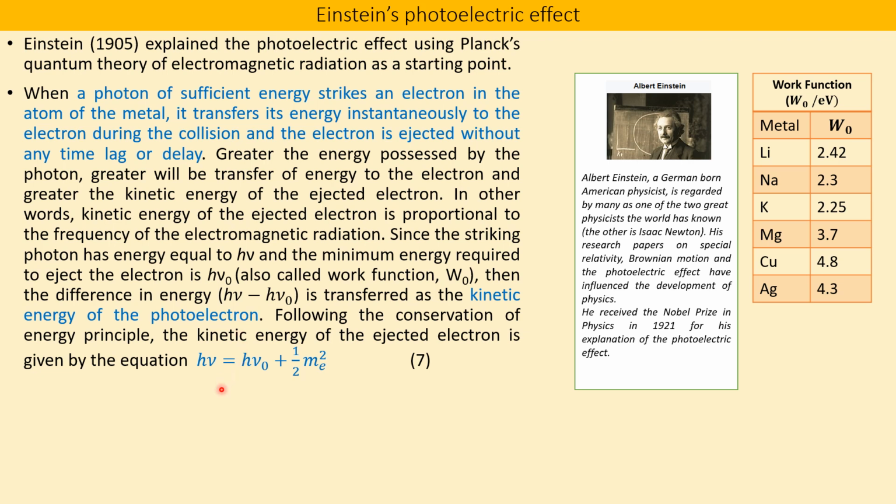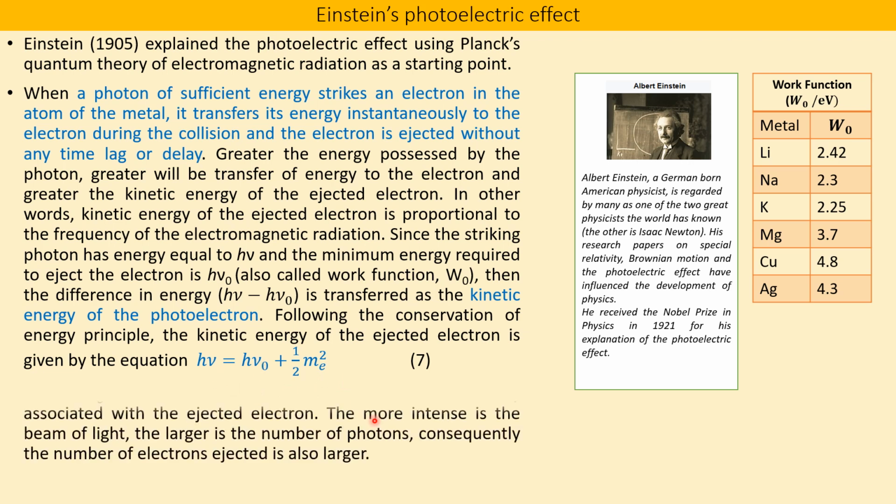This is represented by the equation h nu is equal to h nu naught plus half m_e v squared. Here in this equation 7, m_e is the mass of the electron and v is the velocity associated with the ejected electron, that is the term nu on the left hand side.